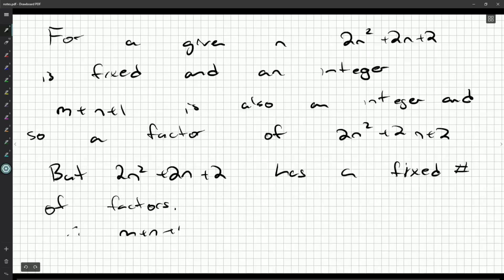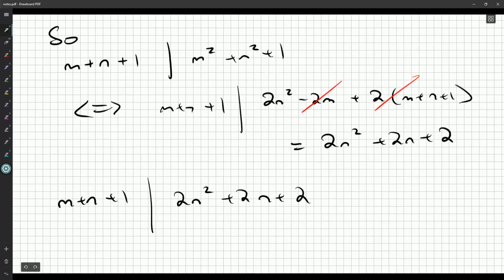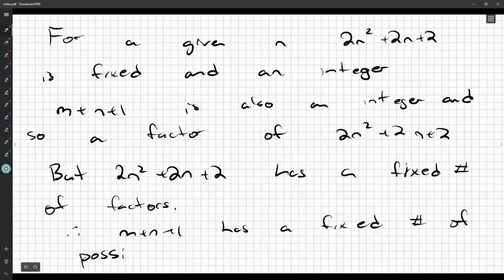So m plus n plus 1 has a fixed number of possible values. Now, you could get some m's from there, but if you just want the list of m's, you'd have to do the same thing we did in part A, and so you'd also have to talk about m minus n plus 1. But we just want to show that the possible values for m are limited. So it has a fixed number of possible values.